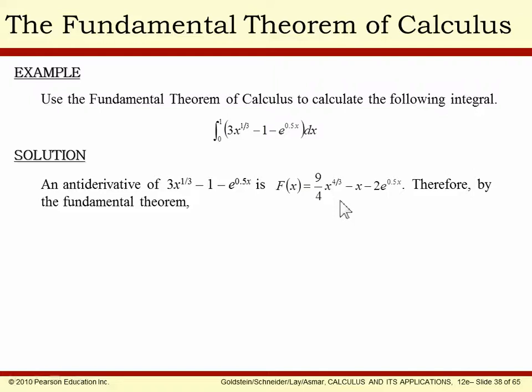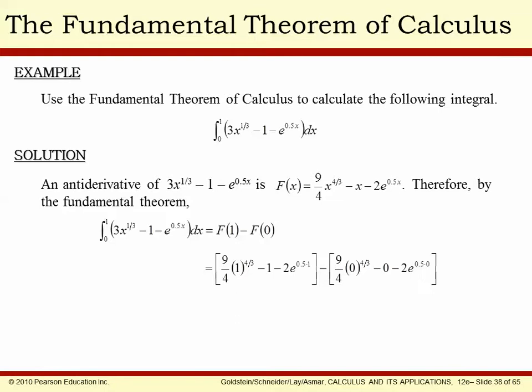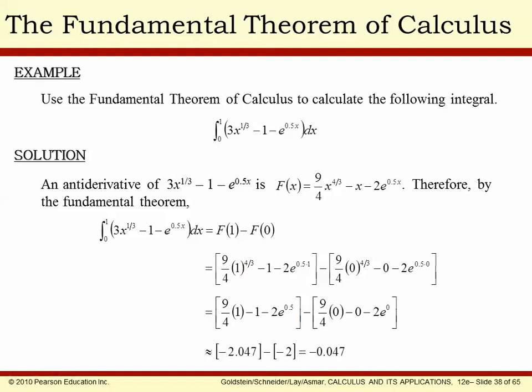And we're going to calculate F of 1 minus F of 0. F of 1 is this over here. That's what I wrote on the board before, so maybe it's easier to read what they have. F of 0 is this over here. And if we subtract the two, we get approximately negative 0.047.